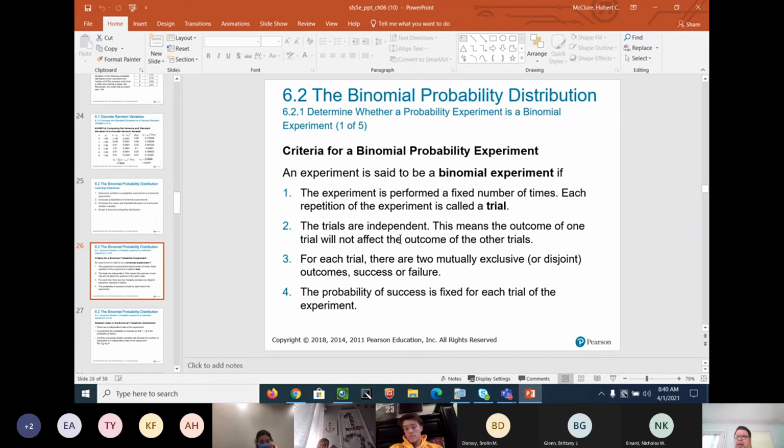After you write it down, you put it back in the bag, meaning that the statistics for the next draw does not change. A good example of this would be a die or a coin. If you flip a coin and you get tails, does that mean that tails is erased for the next flip? No. You still got heads or tails, and you flip it again, you're going to get heads or tails again. So they're independent.